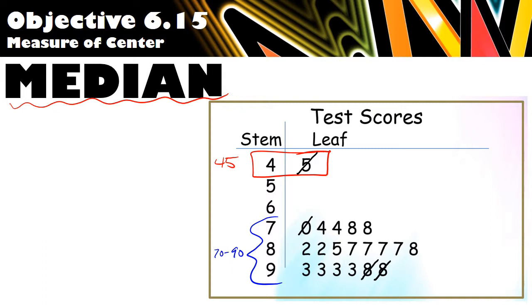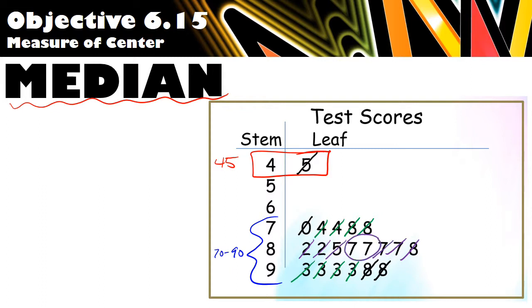We keep going with this process: 74 and 93, 74 and 93, 78 and 93, 78 and 93. We keep on going: 82 and 88, 82 and 87, 85 and 87.